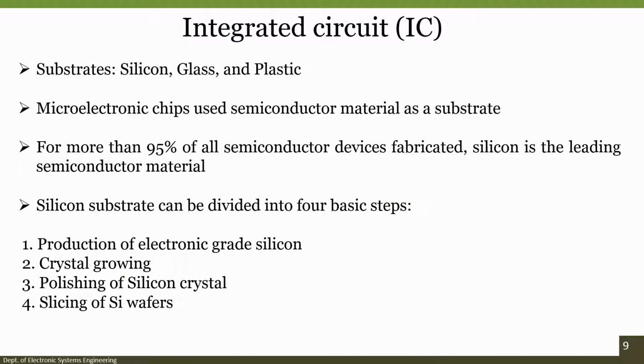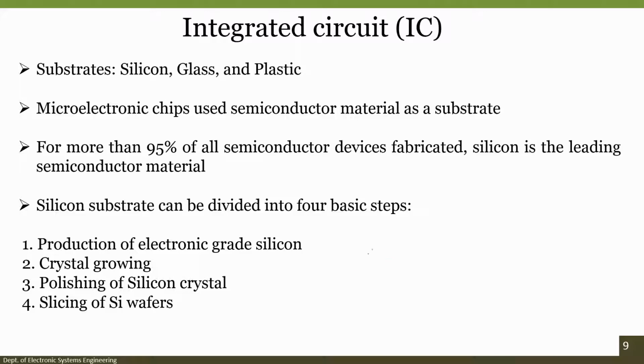Now, let us quickly see what ICs are, because we will be using electronic modules for capturing the brain signals and processing them further. So, when you talk about integrated circuits, or ICs, we talk about substrates. Substrates can be silicon. What is a substrate? Let me give you an example.